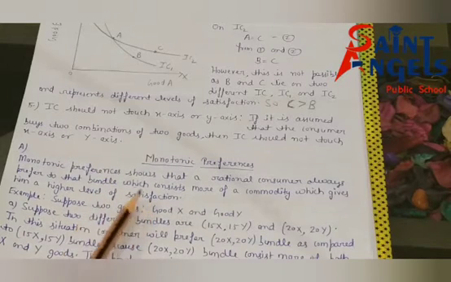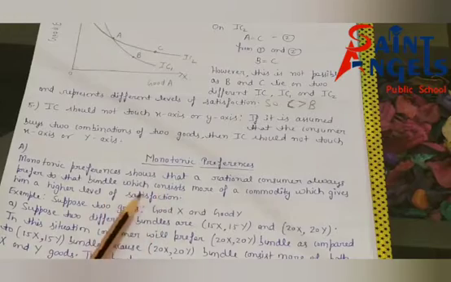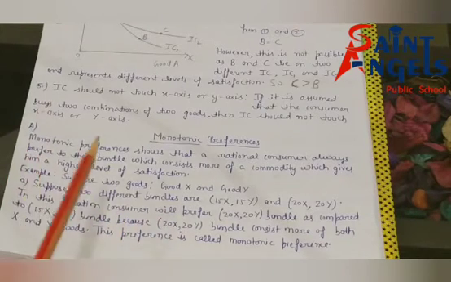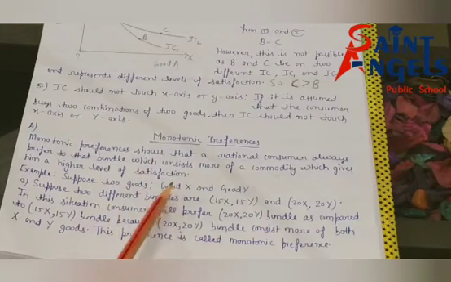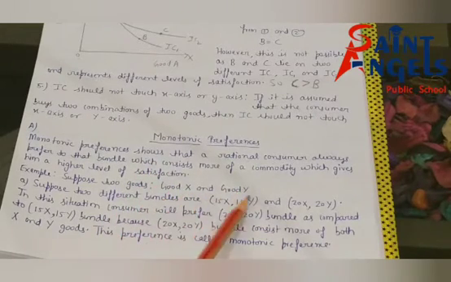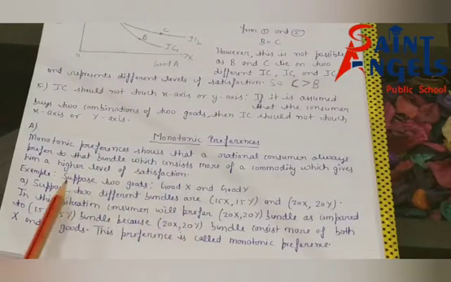My dear students, now we will try to understand this definition with the help of a numerical example. Suppose two goods, good X and good Y. Suppose two different bundles.